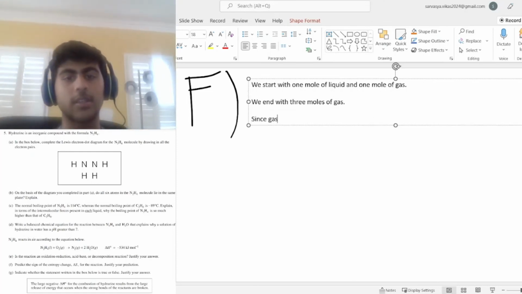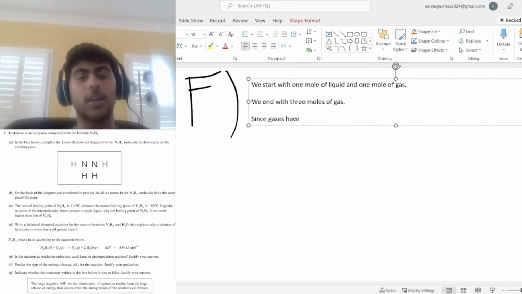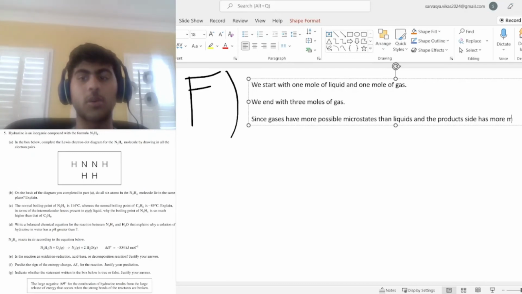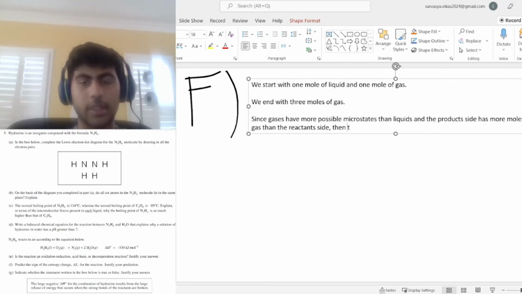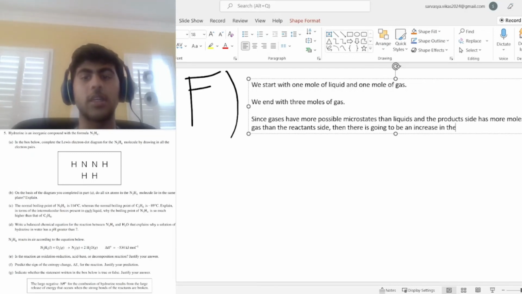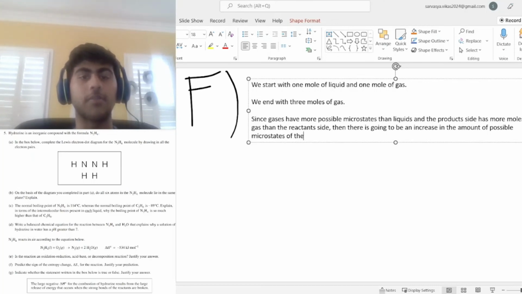Since gases have more possible microstates than liquids, and the product side has more moles of gas than the reactant side, there is going to be an increase in the number of possible microstates of the system as the reaction proceeds.